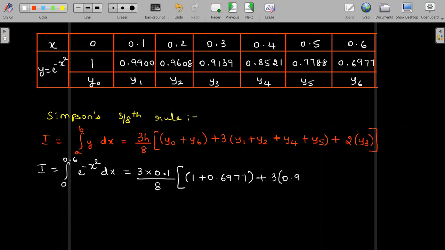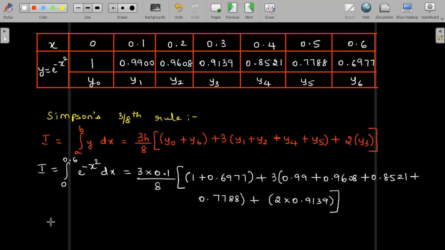So y1 is 0.9900 plus y2 is 0.9608 plus y4 plus y5. y4 is 0.8521 plus y5, y5 is 0.7788 plus 2 times of y3. y3 is given by 0.9139.